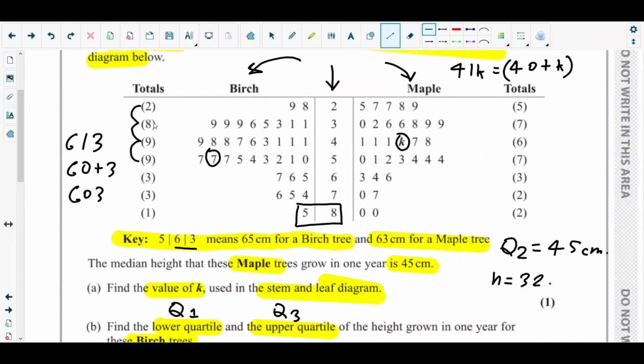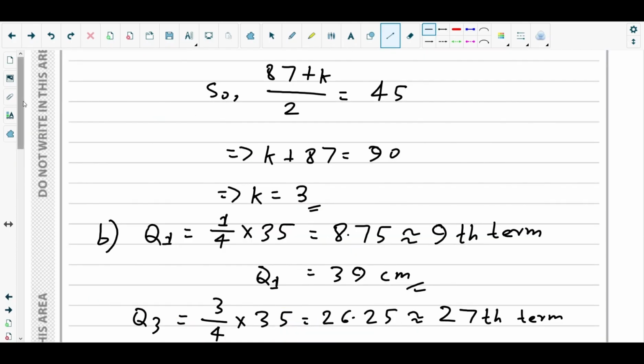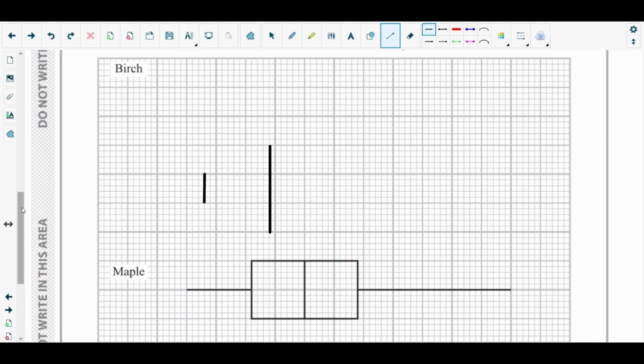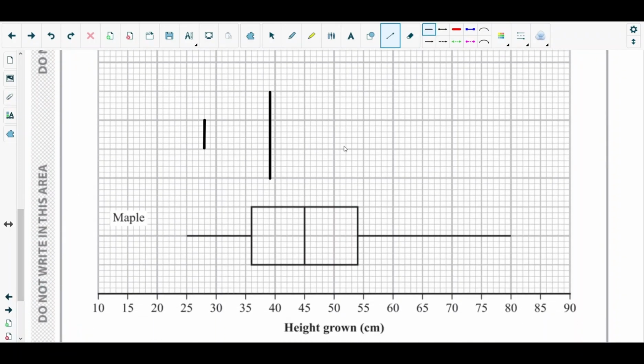The 18th term is 48. So the median is 48. We got the median. Where does 48 go? 48 is here, the median.